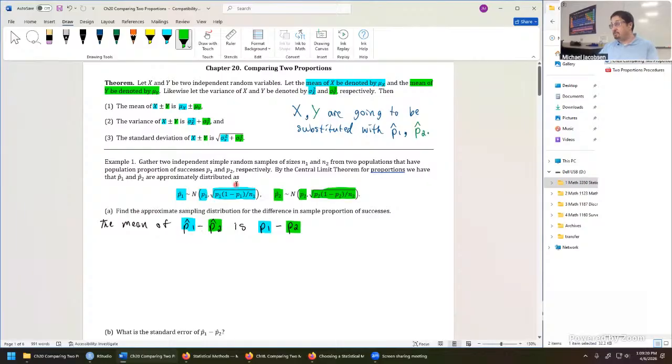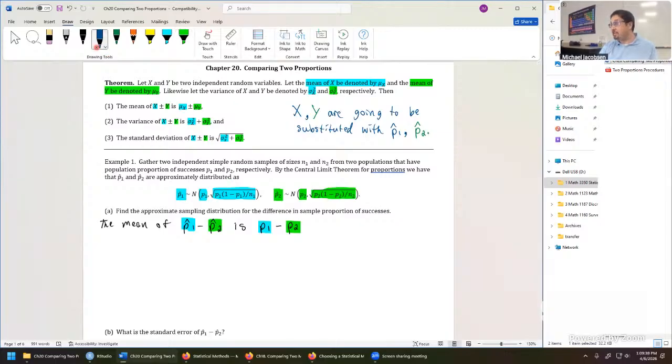Now, if we can get this part where the red dot is, the standard deviation, our work is done. It's trickier. It's kind of what we had to do in chapter 18. We have to start with the variance and then work from there. So if we square these standard deviations, we'll get the variances. So let's work this out in stages.